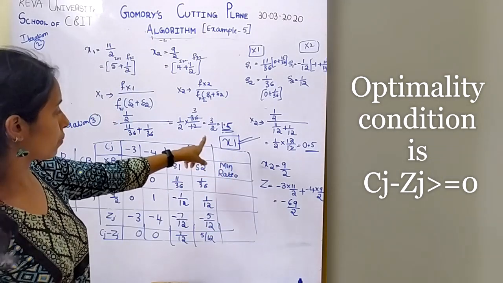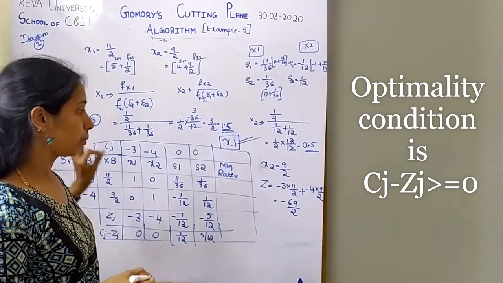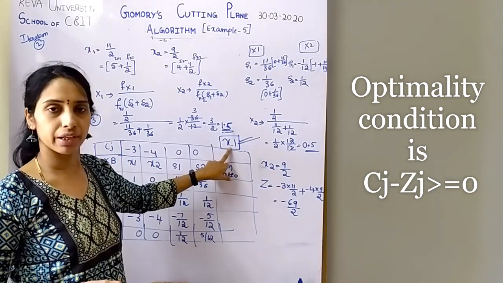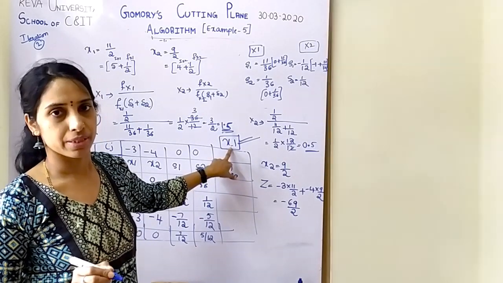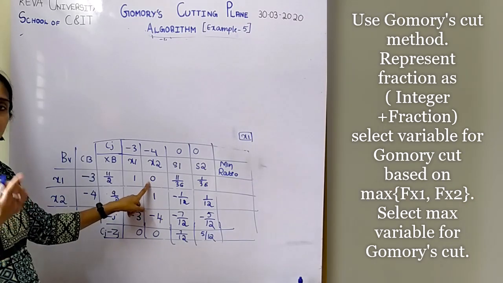This is how you have to select which variable among x1 and x2 will be considered to generate the GOMORY constraint. So here we have got x1 to generate the GOMORY constraints. So we'll see how to generate. So this is your x1 row in the last table.